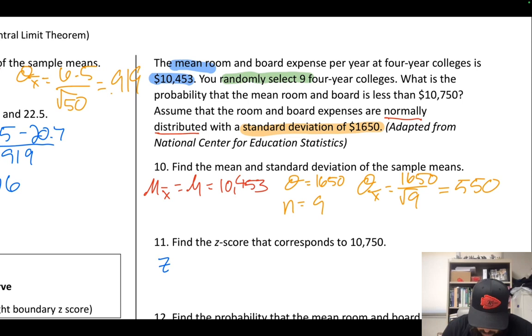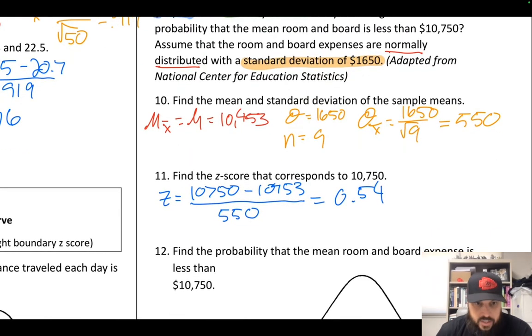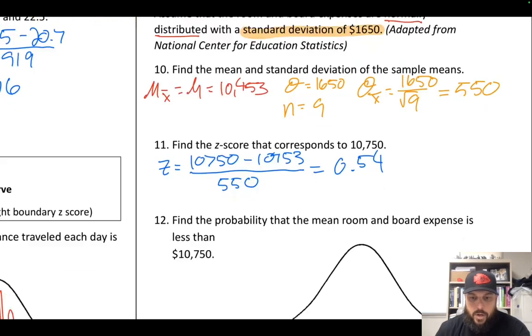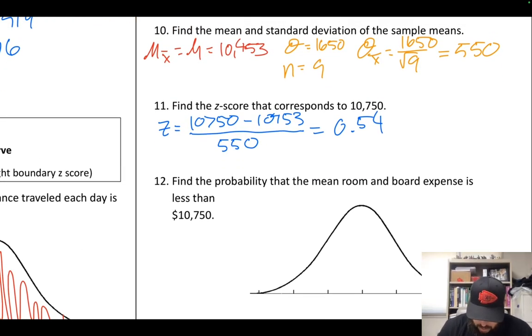So next we want to find the z-score that corresponds. So z equals our value minus our mean divided by our standard error, or the standard deviation of our sample means, and that gives us a value of 0.54. So then they want to find the probability that the mean room and board expense is less than 10,750.